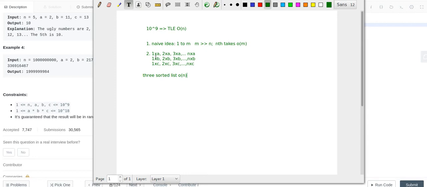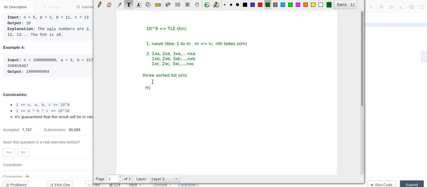Each time we fetch the first number from each list. So first we fetch a, b, c, and then check which one is smaller. If a, the first list's element, is smaller, then we fetch the second one, 2 times a.